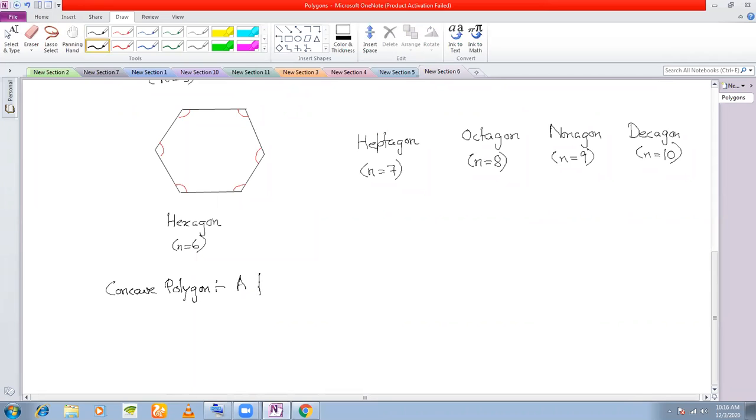A polygon one of whose interior angles is more than 180 degrees is called a concave polygon.